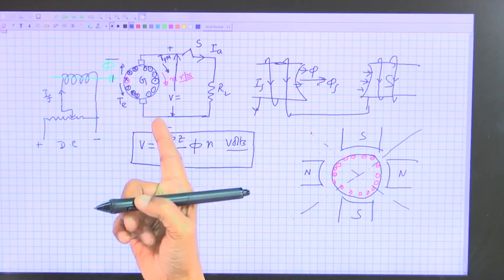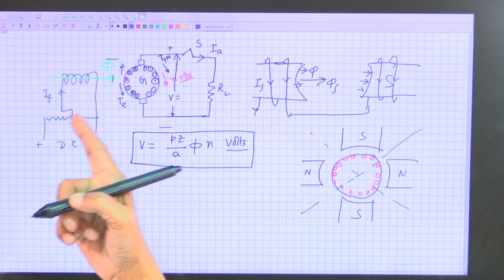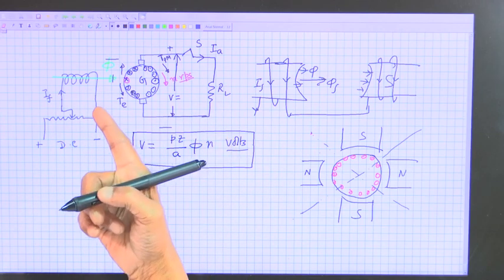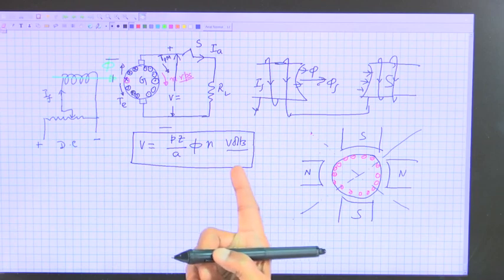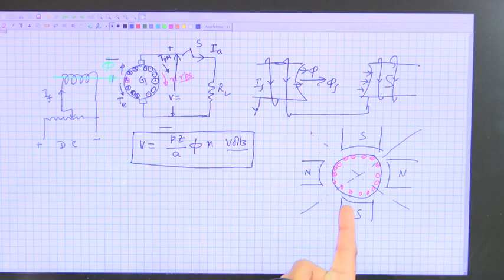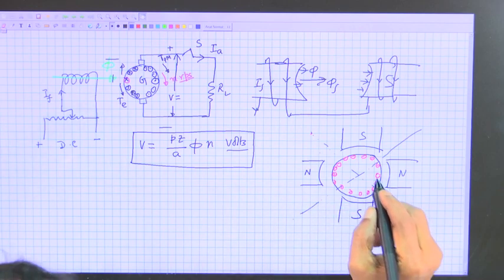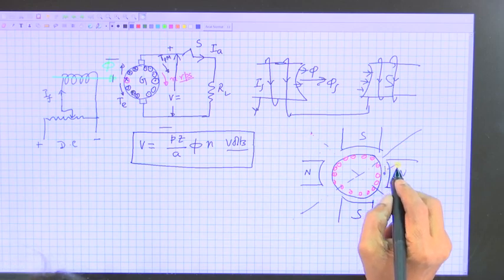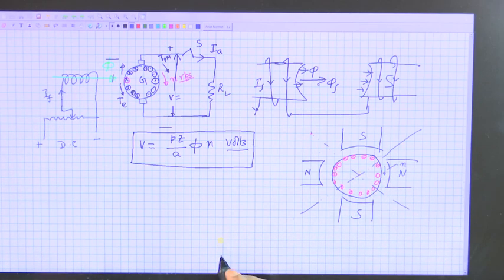As I told you, this diagram will not give you the true picture, because it is a very simplified schematic diagram of the whole thing. But if I want to calculate the expression of the torque, I have to refer to this and say that the machine is running in the anticlockwise direction with a velocity n rps.